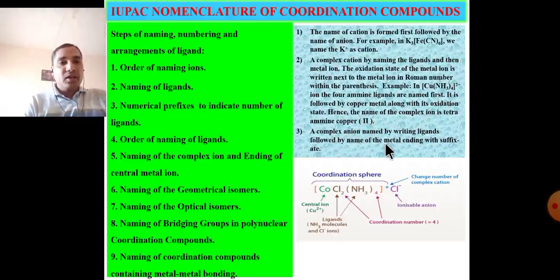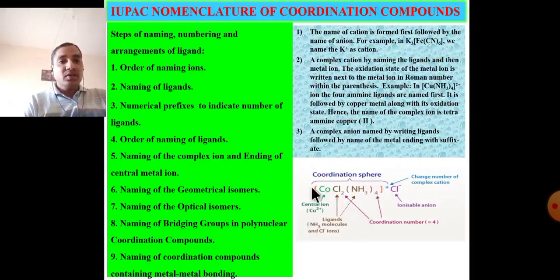A complex anion is named by writing the ligands followed by the name of the metal ending with the suffix ate. In this case the complex is negative, so potassium hexacyanoferrate.